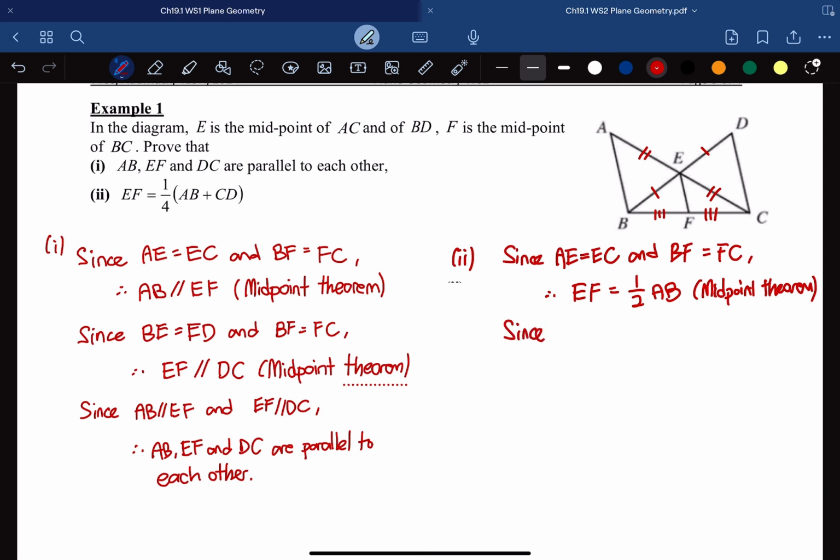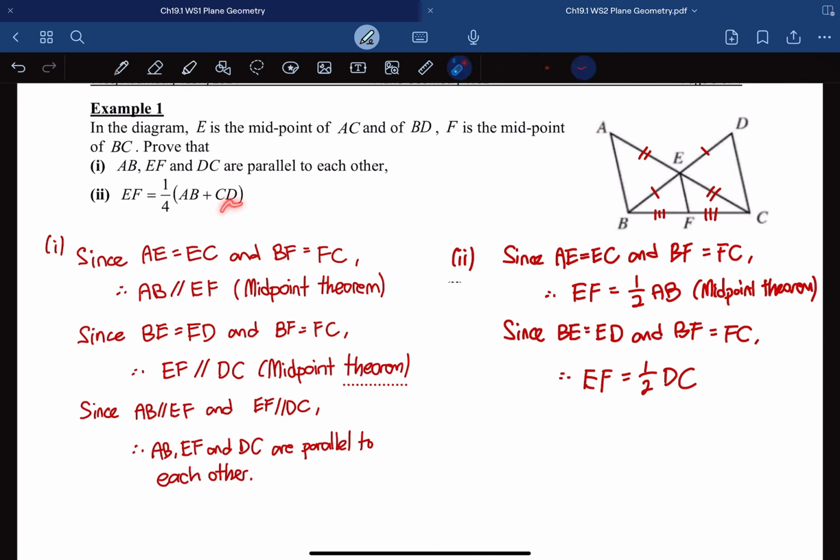Since I know that BE is equal to ED and BF is equal to FC, I can also make the conclusion using the length property that EF is half of DC or CD, whichever, okay? Maybe I'll write it CD since the question here, write it as CD, so I'll write as half of CD instead.